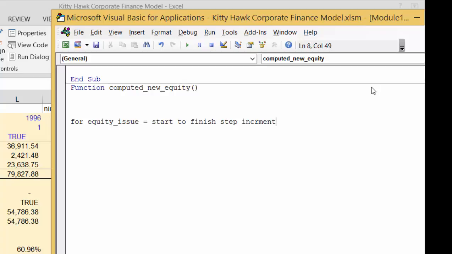And the whole idea of this is to go around and around and make the increment less. So somewhere next we have a next equity issue. That's the other thing. And now what we do is we potentially stop this loop.